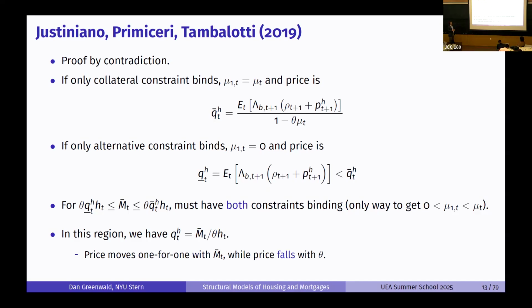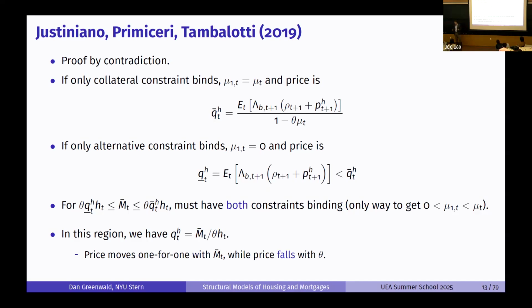And let's call this one Q lower bar, which is when you get none of the mu in that expression, right? And so obviously Q lower bar is strictly smaller than Q upper bar, right? As long as this term is positive, going from here to here is like a substantial decrease. So then it turns out that if M bar happens to be in the right spot between these things, you have to have both constraints binding at the same time, right?